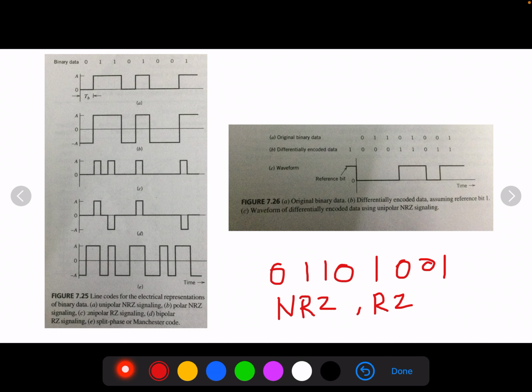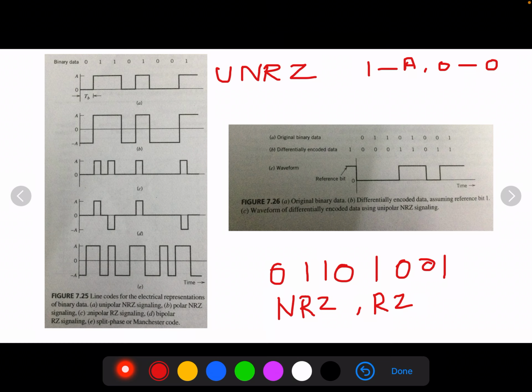The first one is unipolar non-return to 0 signaling. In this line code, symbol 1 is represented by transmitting a pulse of amplitude A for the duration of the symbol, and symbol 0 is represented by switching off the pulse, so 0 is 0 itself.